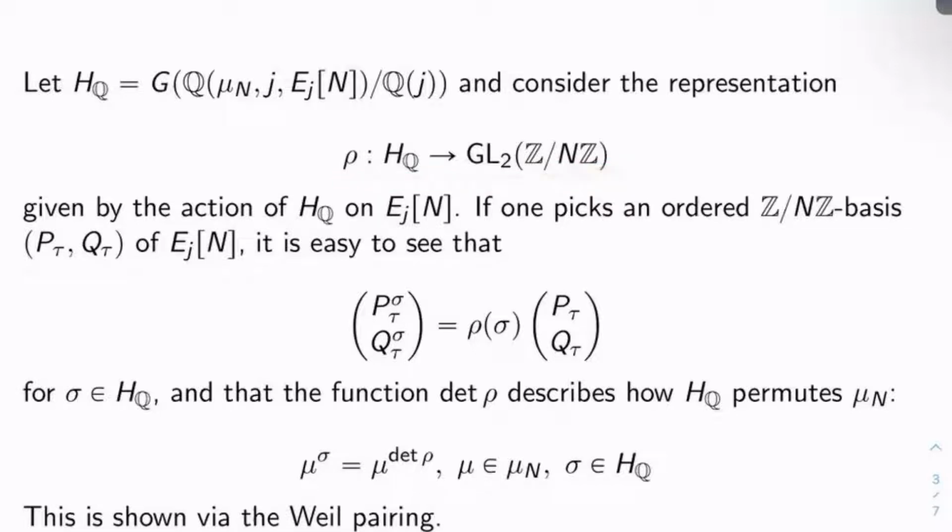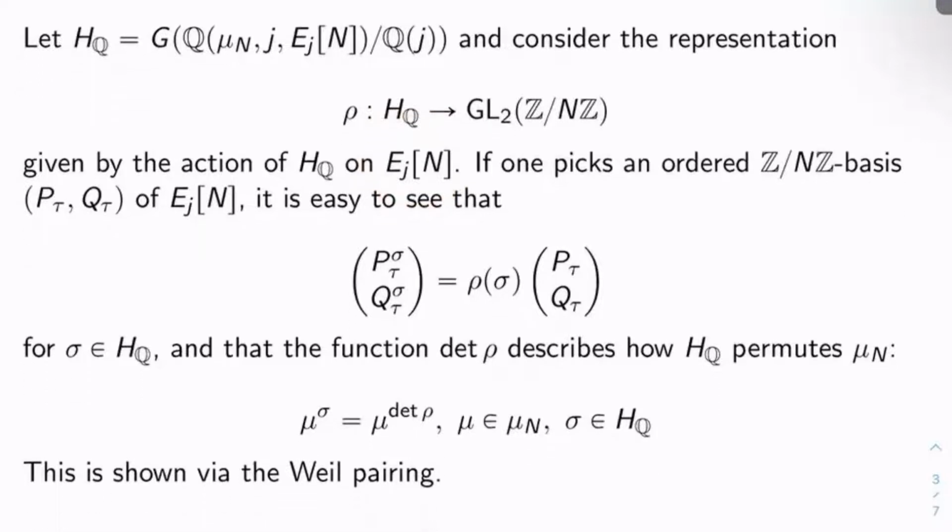Okay, so what's going on here is the n-torsion of E sub j is, as a group, abstractly isomorphic to (Z mod NZ) squared. And so I'm going to get a two-dimensional representation from H sub Q to GL2 of Z mod NZ, because (Z mod NZ) squared is basically exactly, as a group, the n-torsion of E sub j.